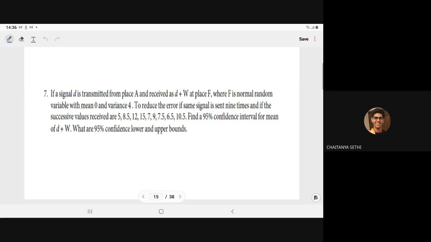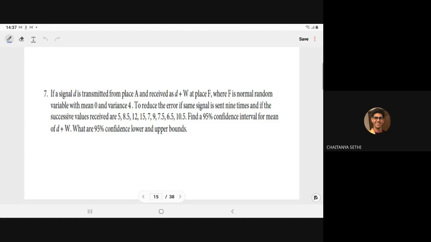To reduce the error, the same signal is sent 9 times and the successive values received are 5, 8.5, 12, 15, 7, 9, 7.5, 6.5, 10.5. Find the 95% confidence interval for the mean of D plus W. What are the 95% confidence lower and upper bounds?